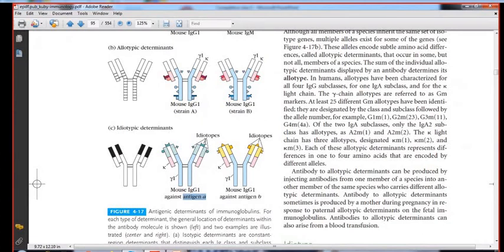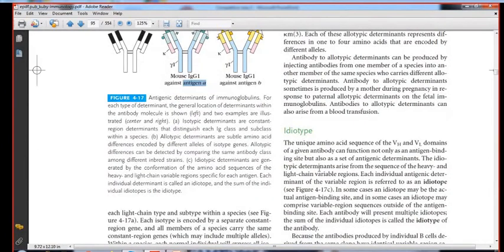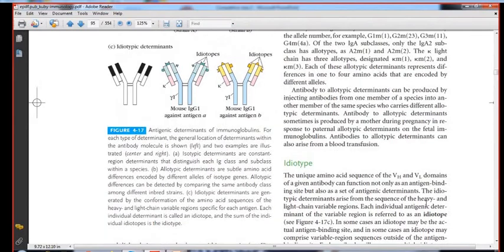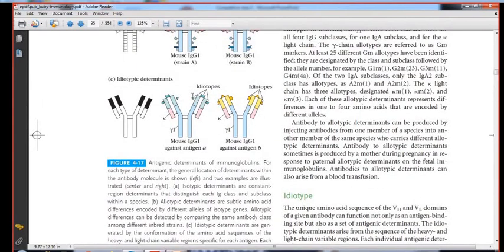The individual receptors present on the antibody molecule, basically on the FAB fragment, are known as idiotypes, and the sum of the individual idiotypes is known as the idiotype of the antibody molecule.